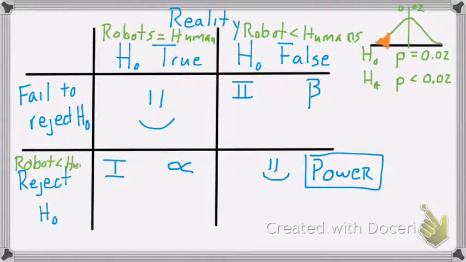And if you fail to reject, I guess the most accurate way to describe that is to say that there is no evidence that robots are not equal to humans in their error rate.